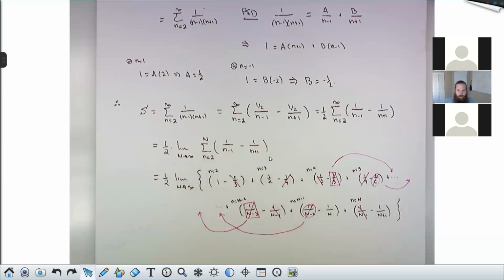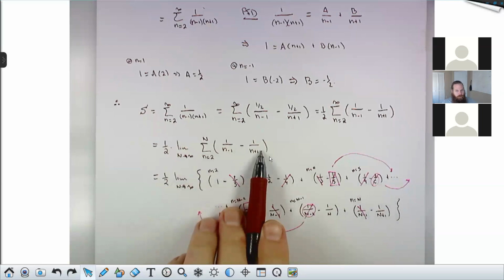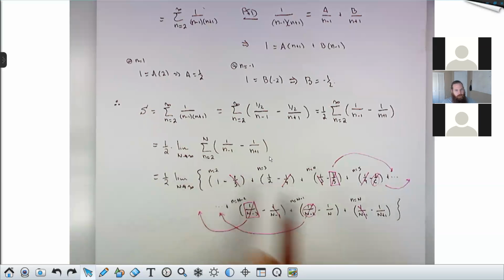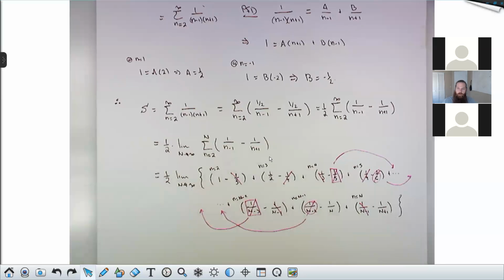So the gap between n minus 1 and n plus 1 is 2, which is why you need to look 2 terms later. If this was like n and n plus 1, guys would be canceling with their immediate neighbors rather than 2 down the road. And if this was n minus 2 and n plus 1, then you would need to look for a gap of 3.